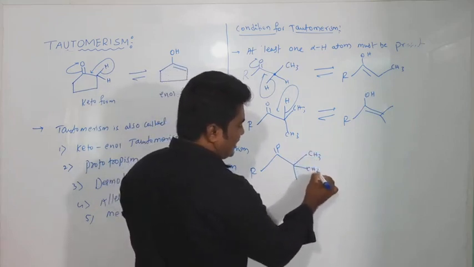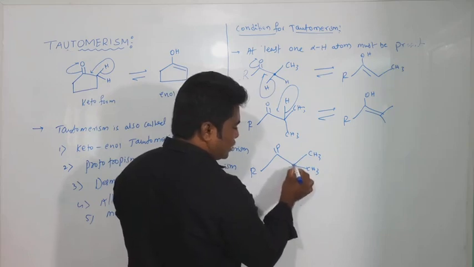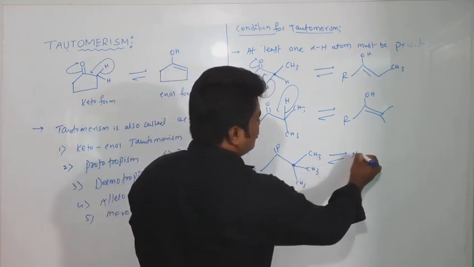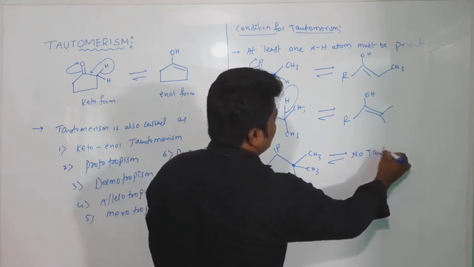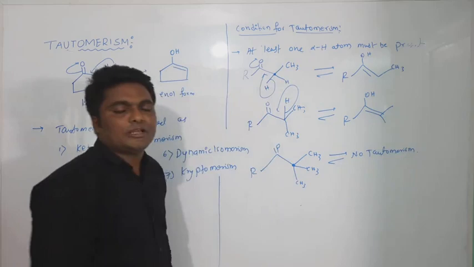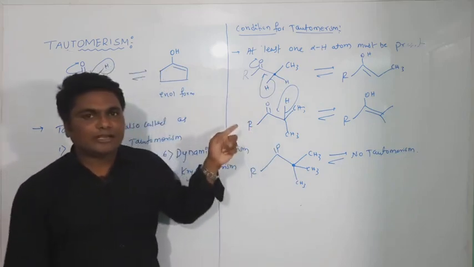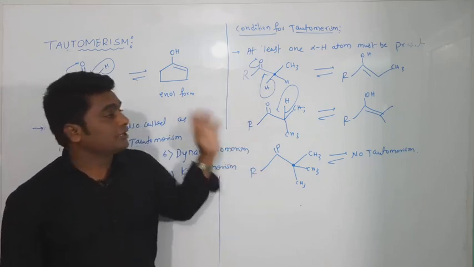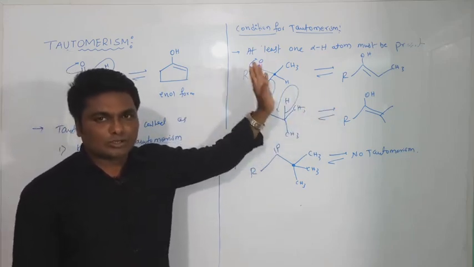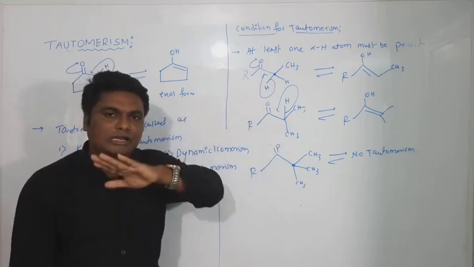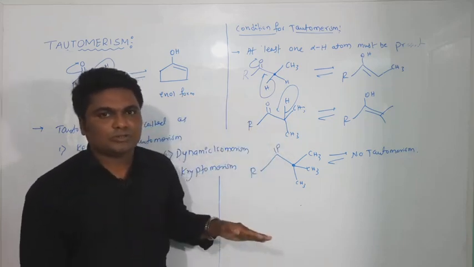Is there any alpha hydrogen? There is no alpha hydrogen atom. Is tautomerism possible? No, tautomerism does not take place. Understood? For tautomerism, at least one alpha hydrogen must be present.